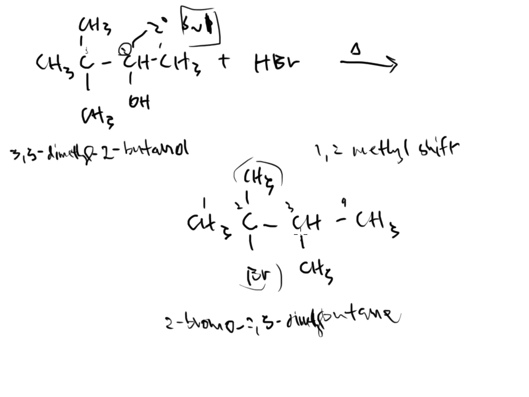That carbocation will then undergo a 1,2 methyl shift, and that 1,2 methyl shift goes left-handed onto a tertiary carbon. The 1,2 methyl shift now allows the nucleophile of bromine to come in and attach, making 2-bromo-2,3-dimethyl butane. How's that, folks? How's that for organic?